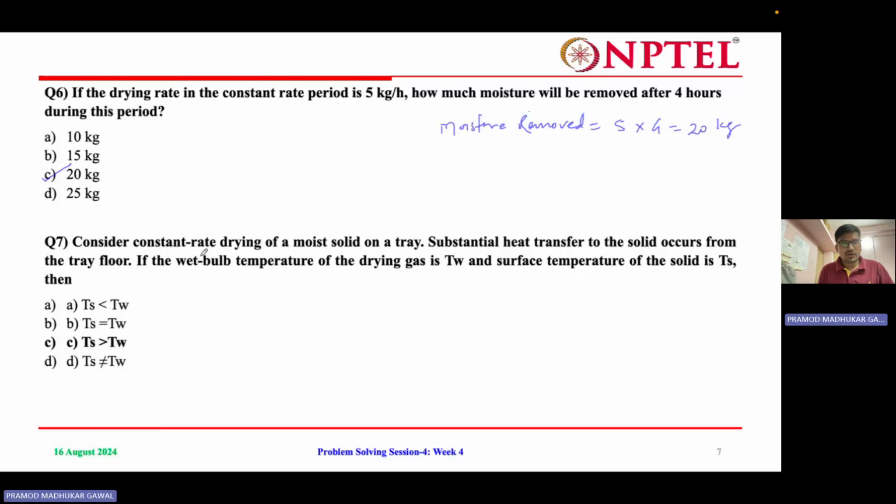Question number 7. Consider a constant rate drying of a moist solid on a tray. The substantial heat transfer to the solid occurs from the tray floor.